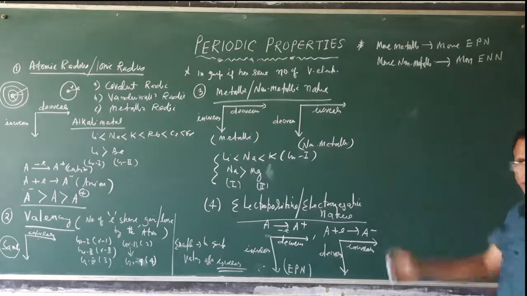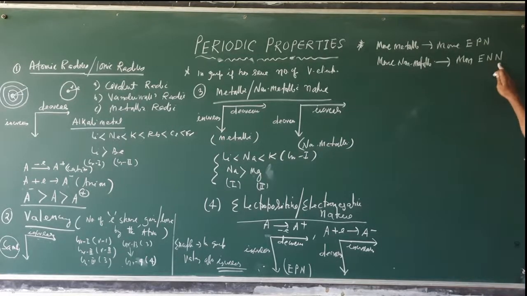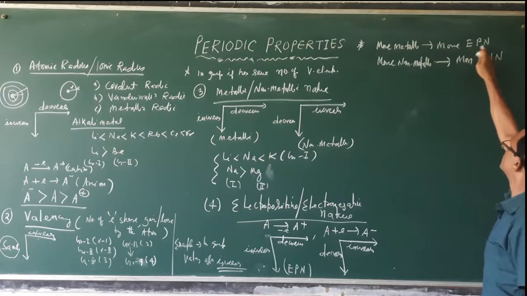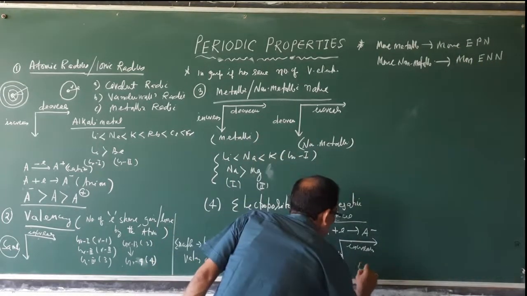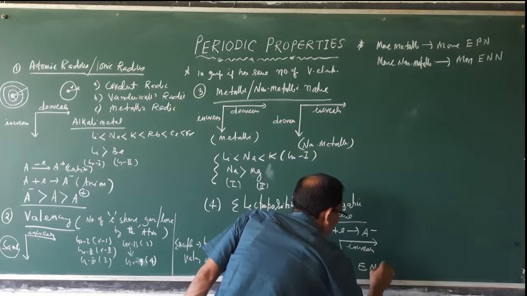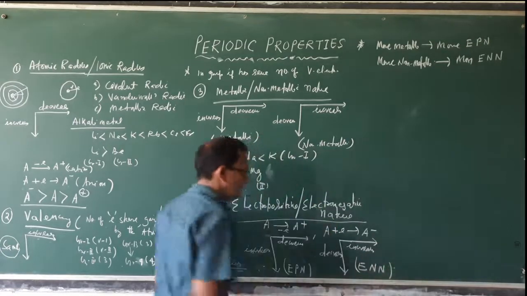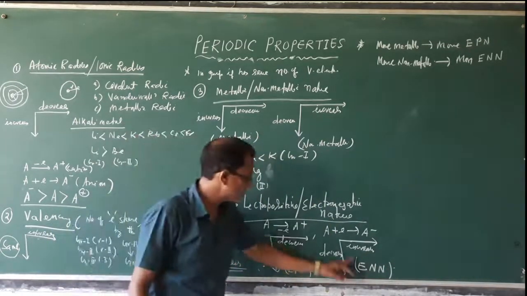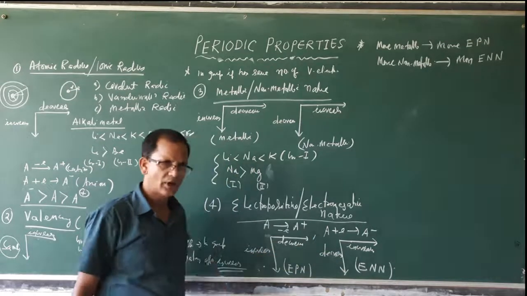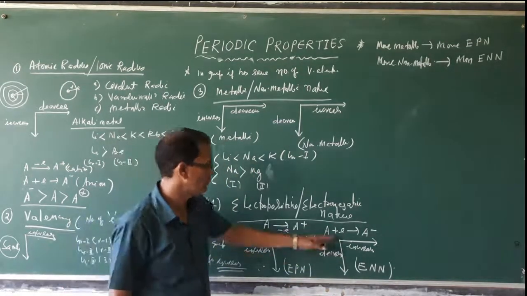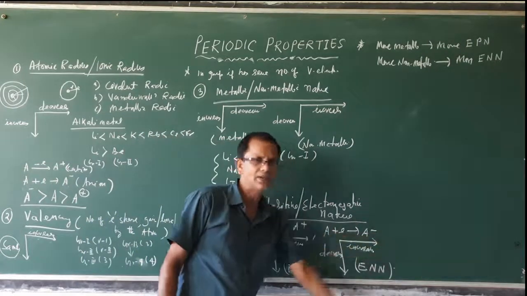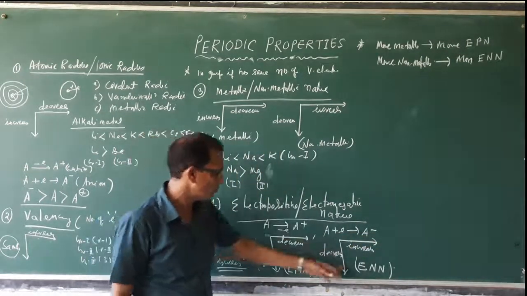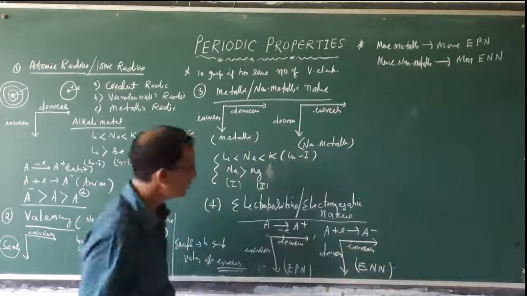I have written these in short form. Electronegative nature decreases down the group because non-metallic character decreases, and from left to right non-metallic character increases, so electronegative nature also increases.